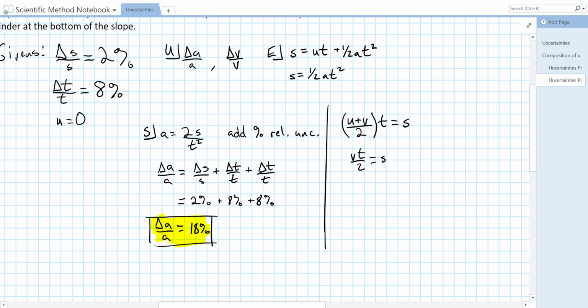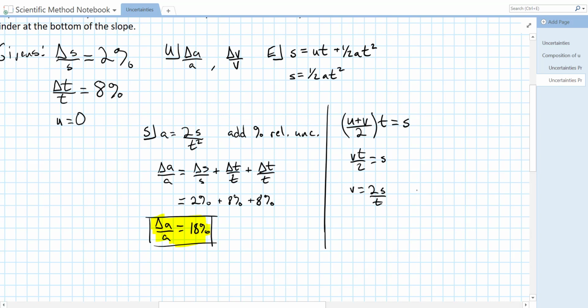And that simplifies to v equals 2s over t. So there's our equation. We see that our final velocity is just the quotient of 2s and t. So there are two input variables.